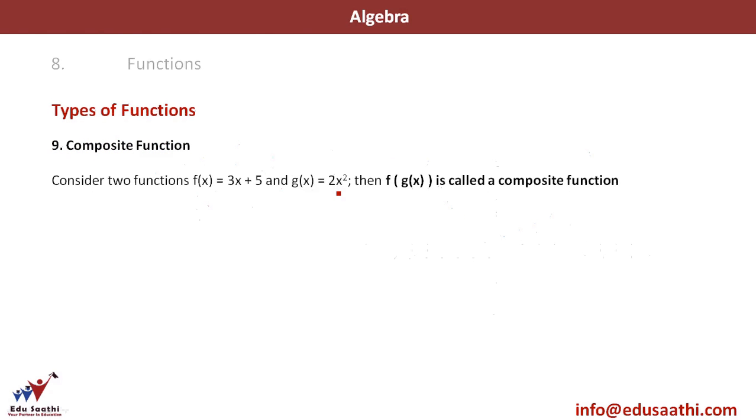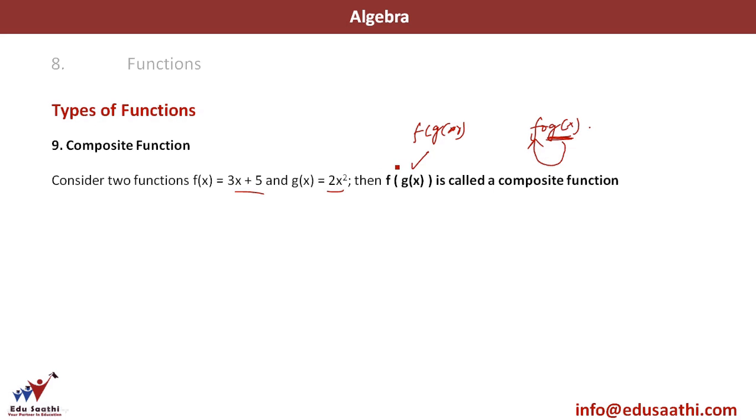Composite function. Consider two functions which are given to you. f(x) is 3x plus 5 and g(x) is 2x square. Then composite function is f of g of x, or we call it as f of g(x). That means you first compute this function. The output of this function will act as an input of another function.